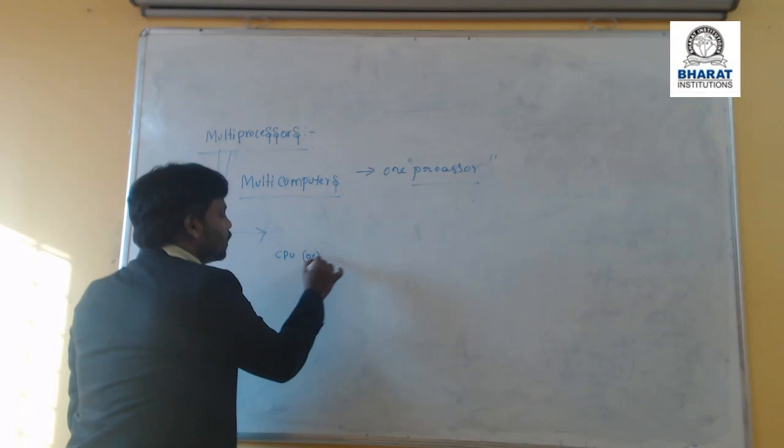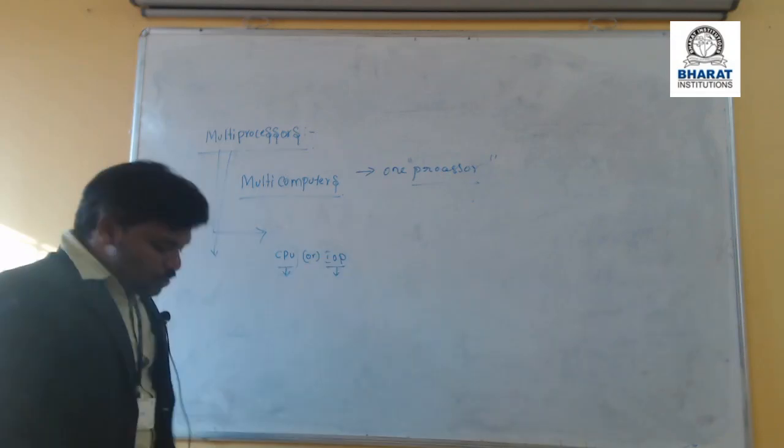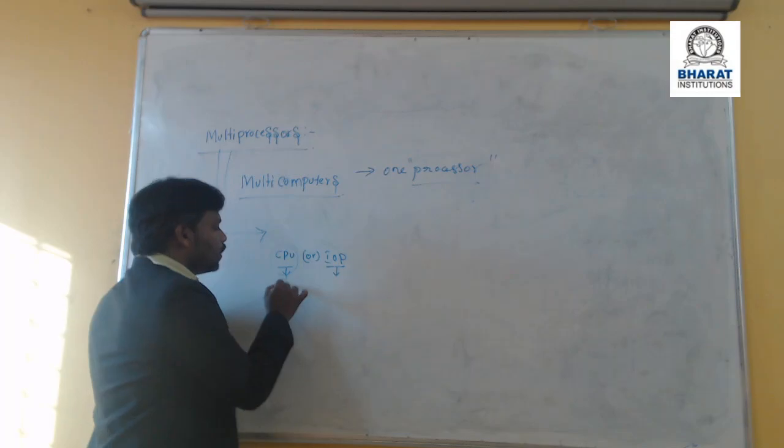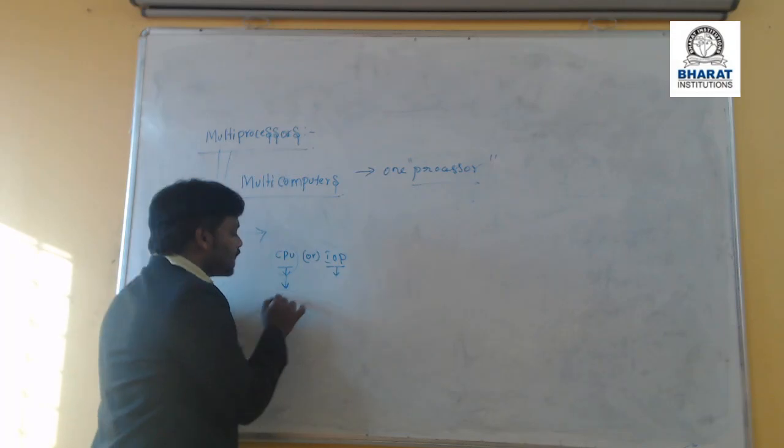So what is a CPU and what is an IOP? We know the function of the central processing unit. According to the Von Neumann architecture, the CPU has two units: one is the ALU and the other is the control unit.